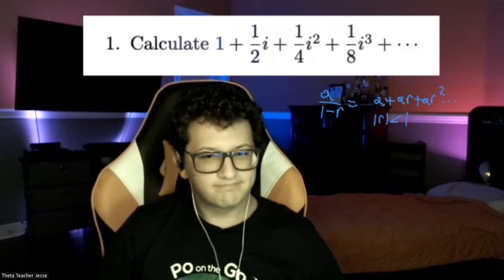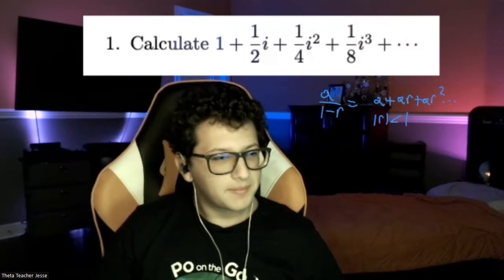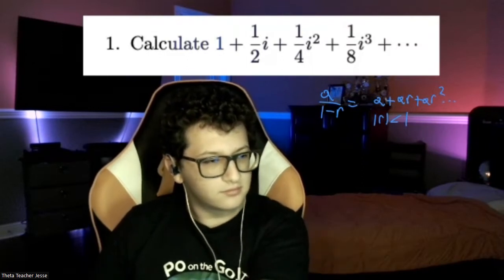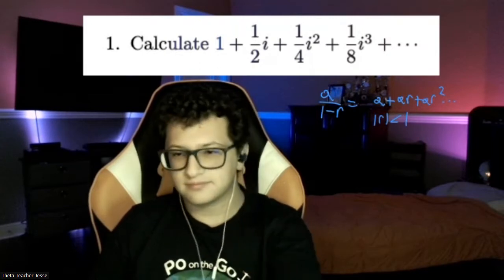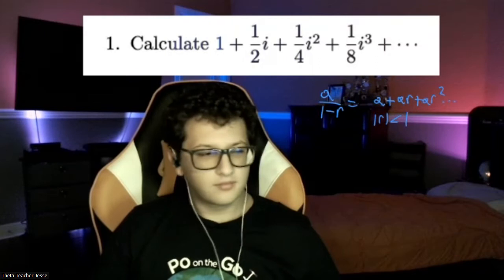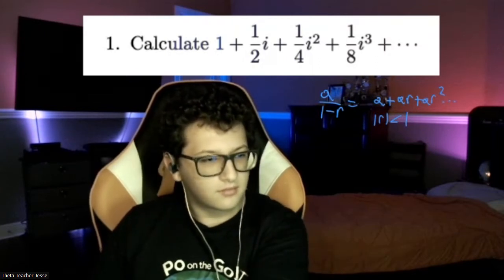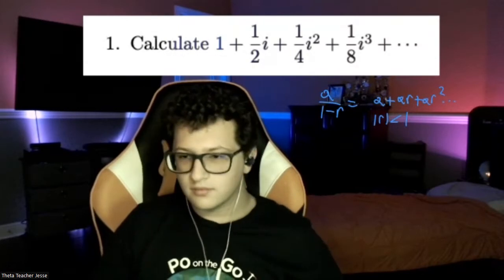So this is just how you deal with infinite geometric sequences that converge. And when I say converge, I just mean that the sum ends up being some finite number. So now, going on, we've got 1 over 1 minus half i.